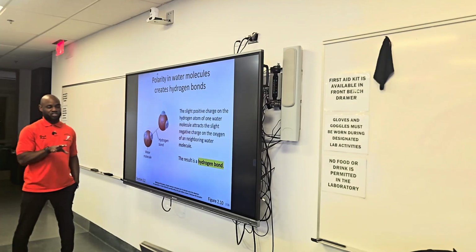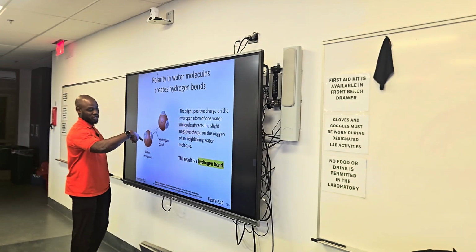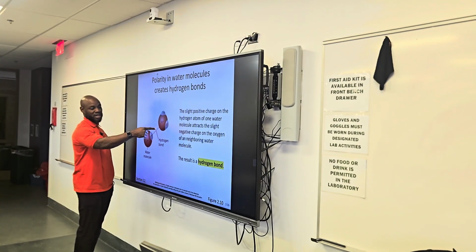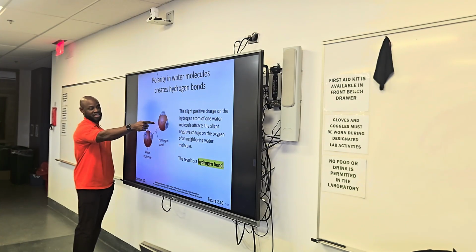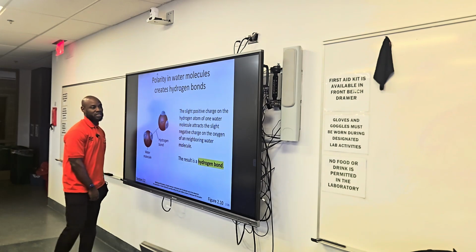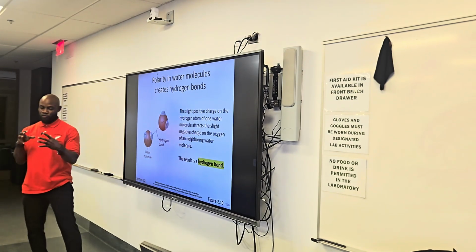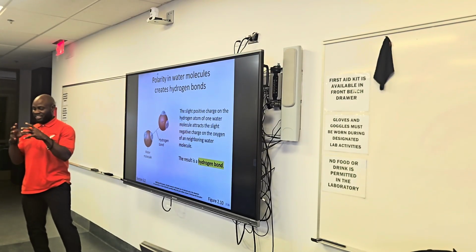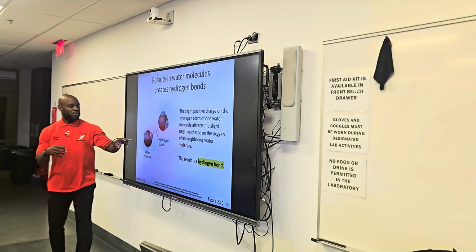Because of the polar covalent bond that happens in water, you do get this slightly positively charged hydrogen and negatively charged oxygen. The electrons are spending more time around the oxygen, and this is a water molecule, but there's an extra bond between the water molecules because of that positive and the negative, and that's what's called a hydrogen bond, right?